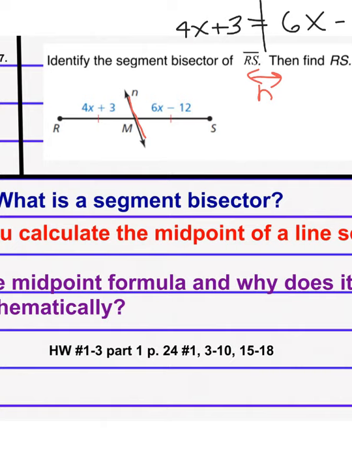I'm going to run out of room here, but it looks like I'm going to get 15 equals 2x, so x is going to equal 7.5. So just because you get a decimal doesn't mean that's wrong.